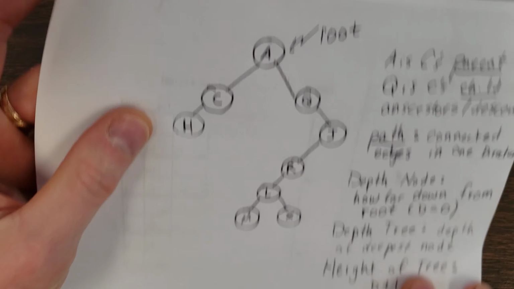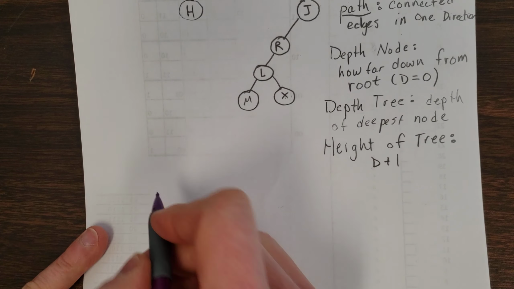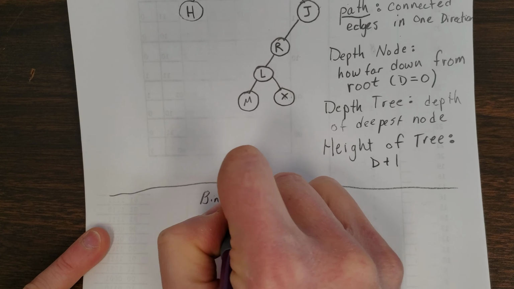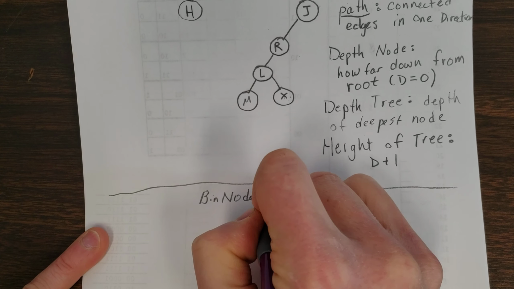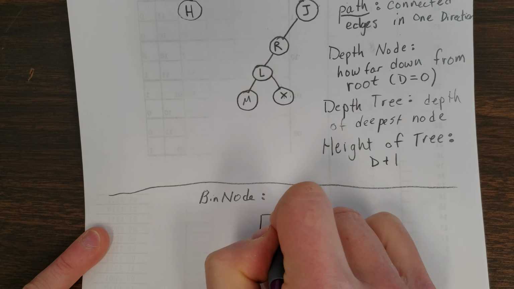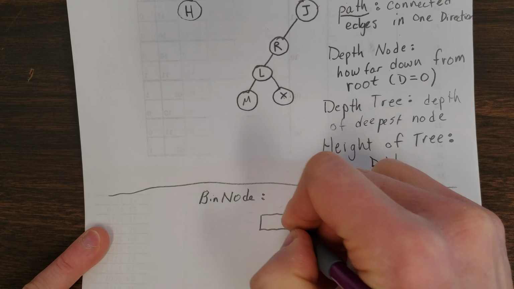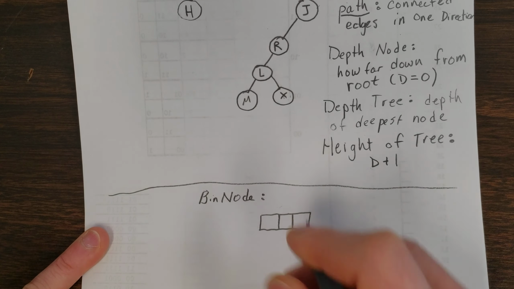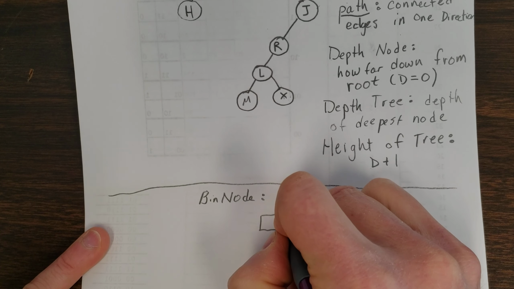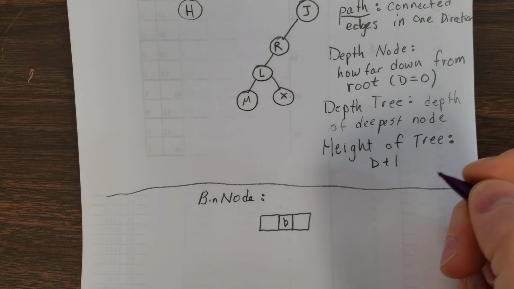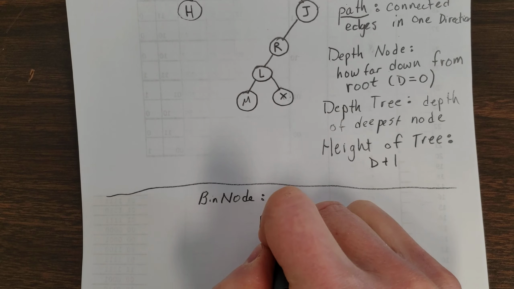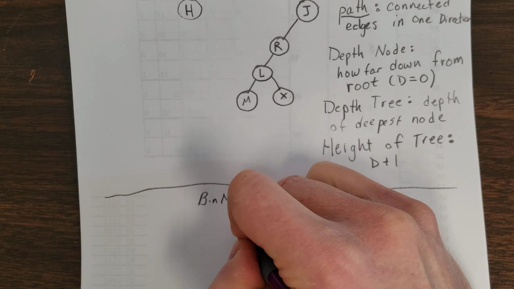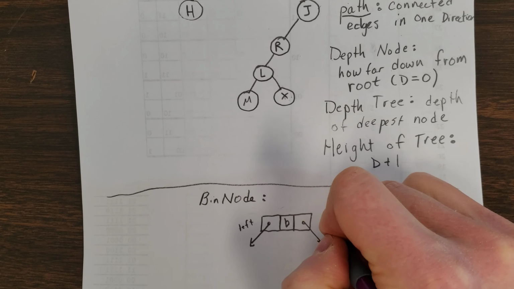Now for a binary node that we would call a bin node, we're going to draw it as circles, but if we think about what needs to happen, today we're going to be dealing in the in-class exercises with characters. So I'm going to put a B inside there. And so then this is going to be the left and the right.